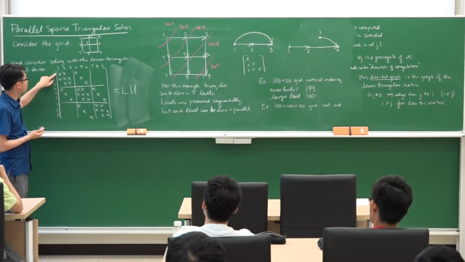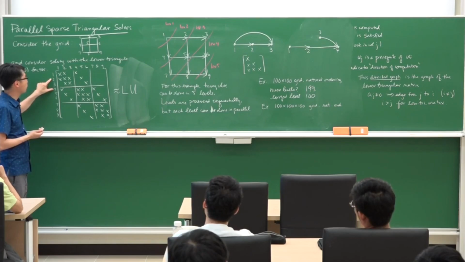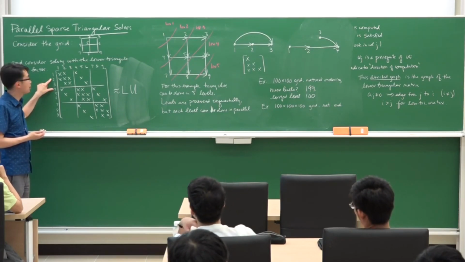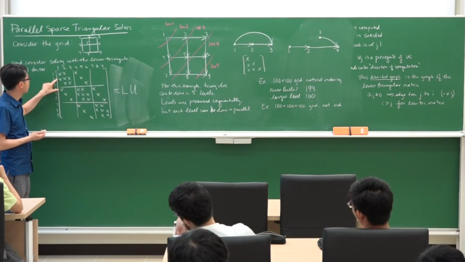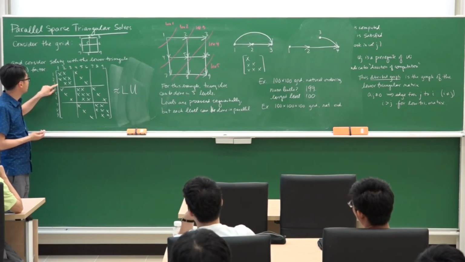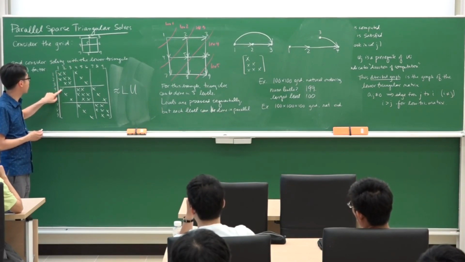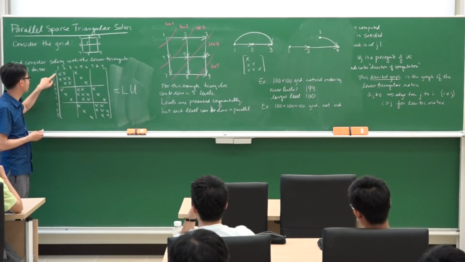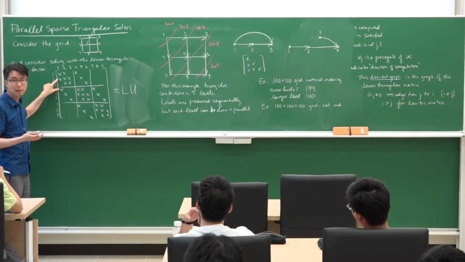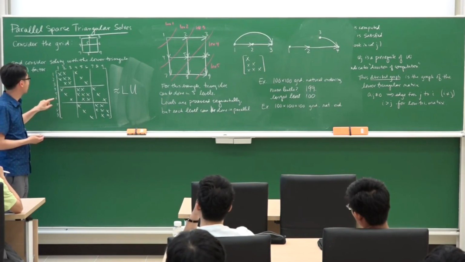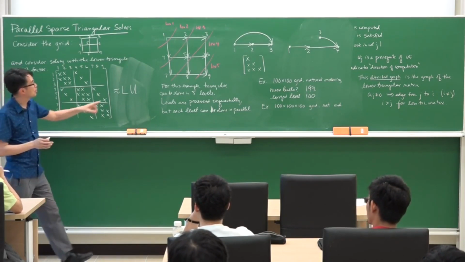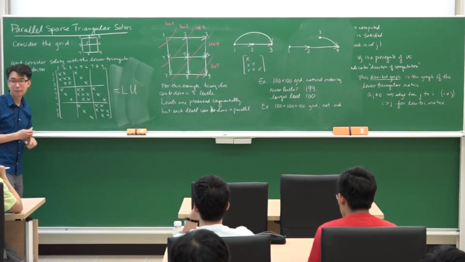Then we can factor the second row and the fourth row at the same time, because to factor these two, we only need the first row, and that has already been factored. You can see that the fourth row doesn't need anything else besides the first row. These two are 0 over here. So the second and the fourth row can be done at the same time. And similarly, at the next step, the third, fifth, and seventh can be factored at the same time.